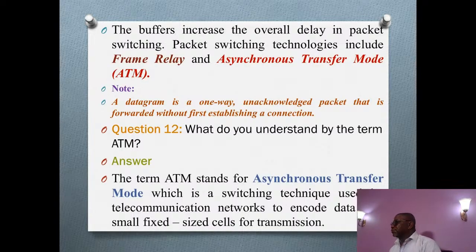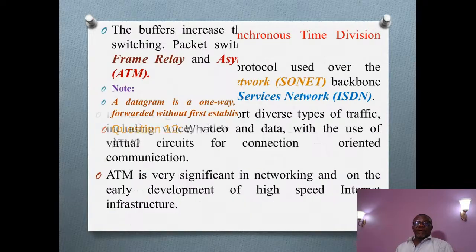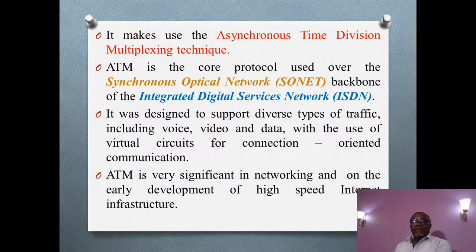Question 12. So what do you understand by the term ATM? The term ATM stands for asynchronous transfer mode, which is a switching technique used by telecommunication networks to encode data into small fixed-size cells for transmission. It makes use of the asynchronous time division multiplexing technique.